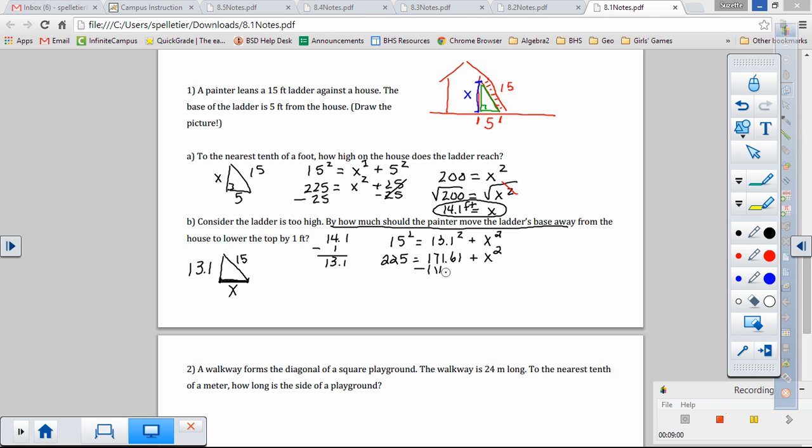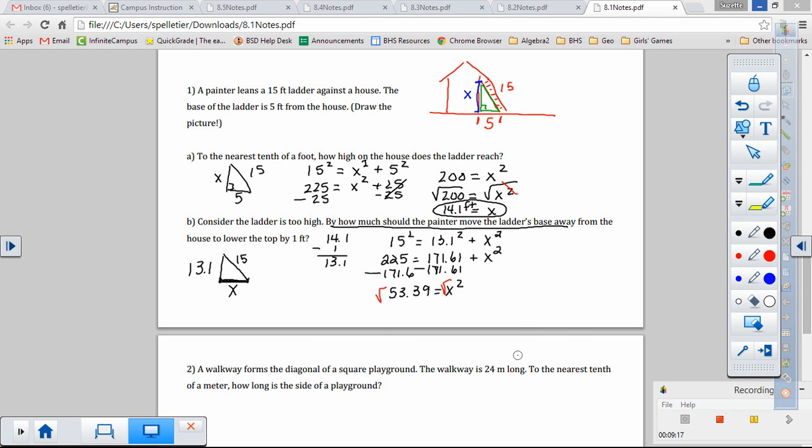Again, subtract to isolate your variable. So we get 53.39 equals x squared.